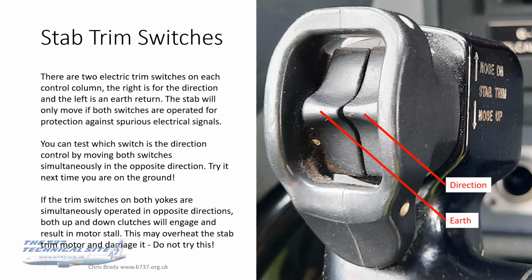That may overheat the stab trim motor and damage it. So for heaven's sake, please don't try that. You can try on one control column, just try moving these two in opposite directions. That's safe, just to show you which one's the direction. Why you would need to know that, I don't know. It's really just background knowledge.